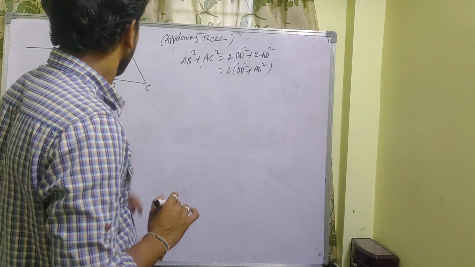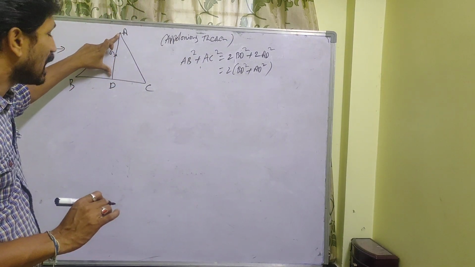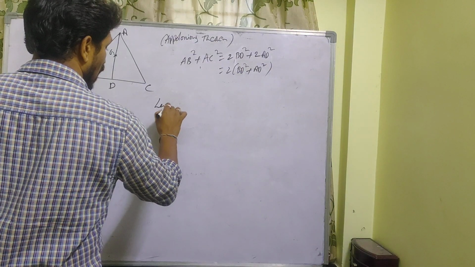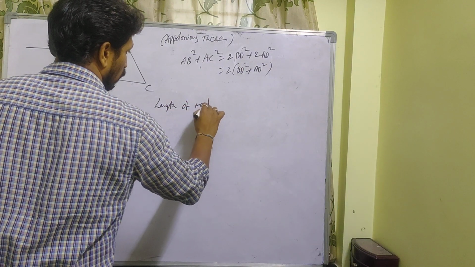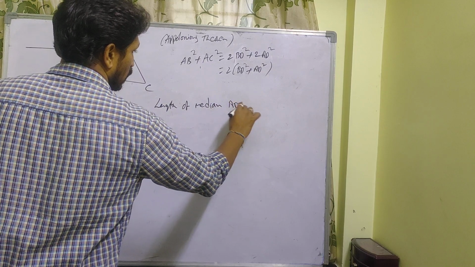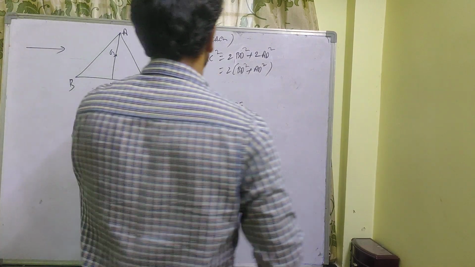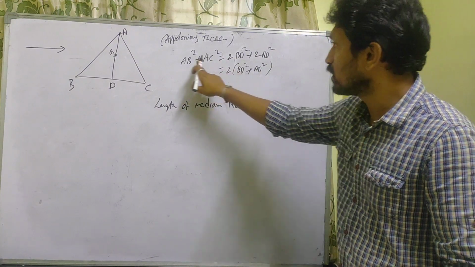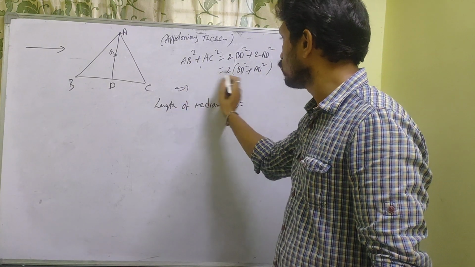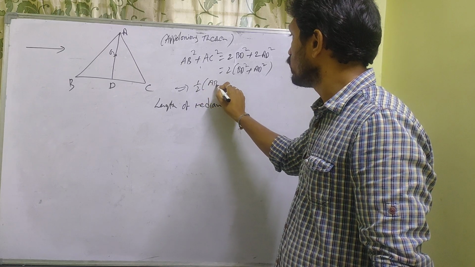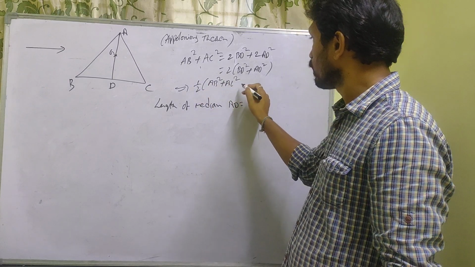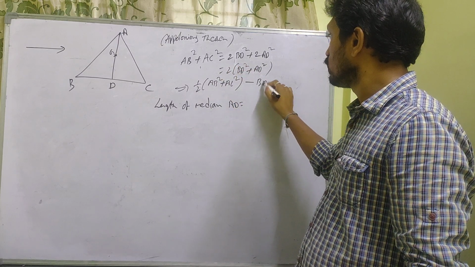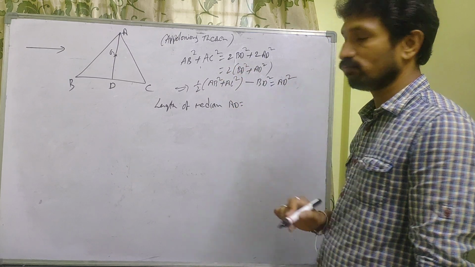See, if you want to find out the length of the median AD, according to this one, we can simplify this. AD square is half of, if you simplify this, what you get? Transpose 2 to this side, 1 by 2 into AB square plus AC square minus BD square, transpose this side, it is equal to AD square.